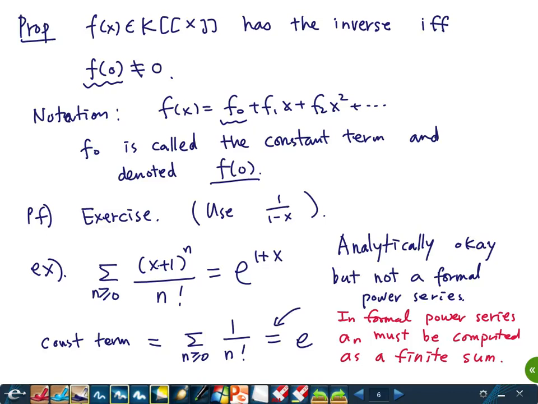If you can add two things, you can add three things, you can add four things, you can add 100 things, you can add n things for finite n, but not infinitely many things. Any questions?